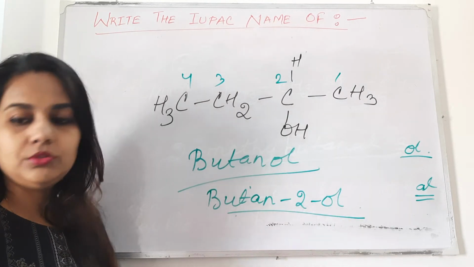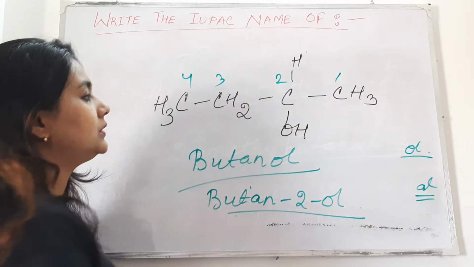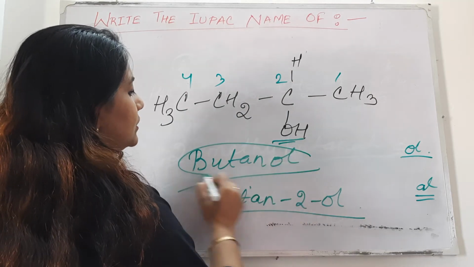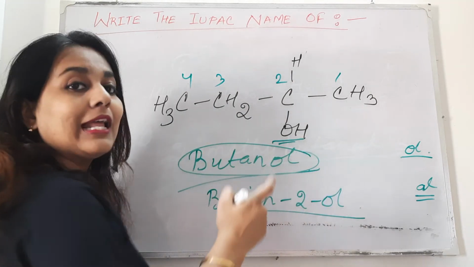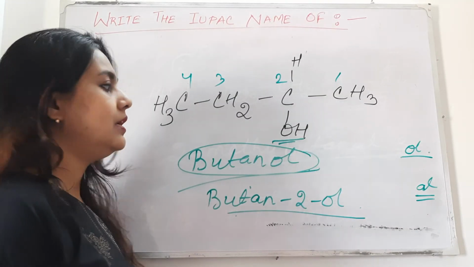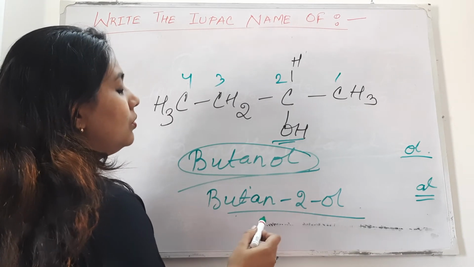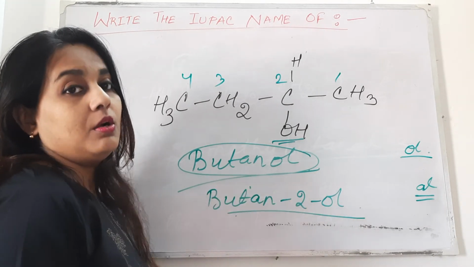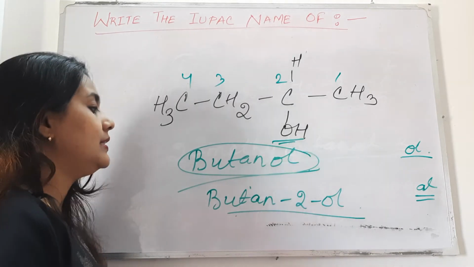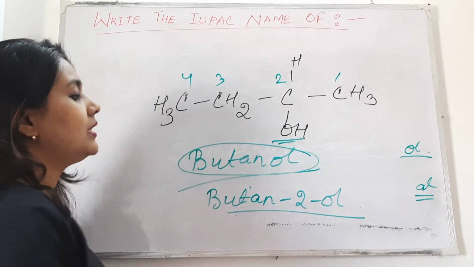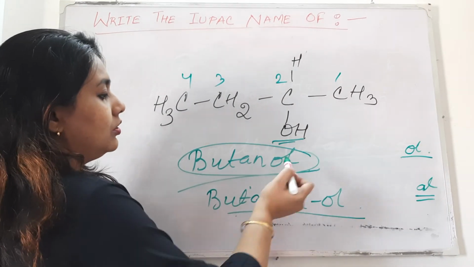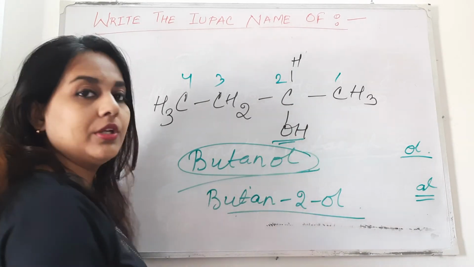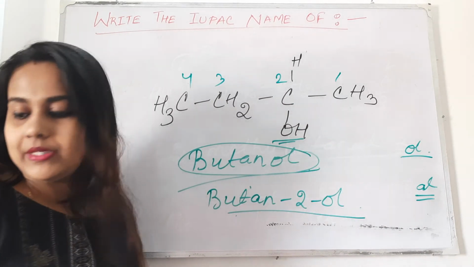Butanol or butan-2-ol, to show the position. Generally it is written butanol, but if you want to be more specific, then it is better to write butan-2-ol. At the second position, one alcohol group is present.